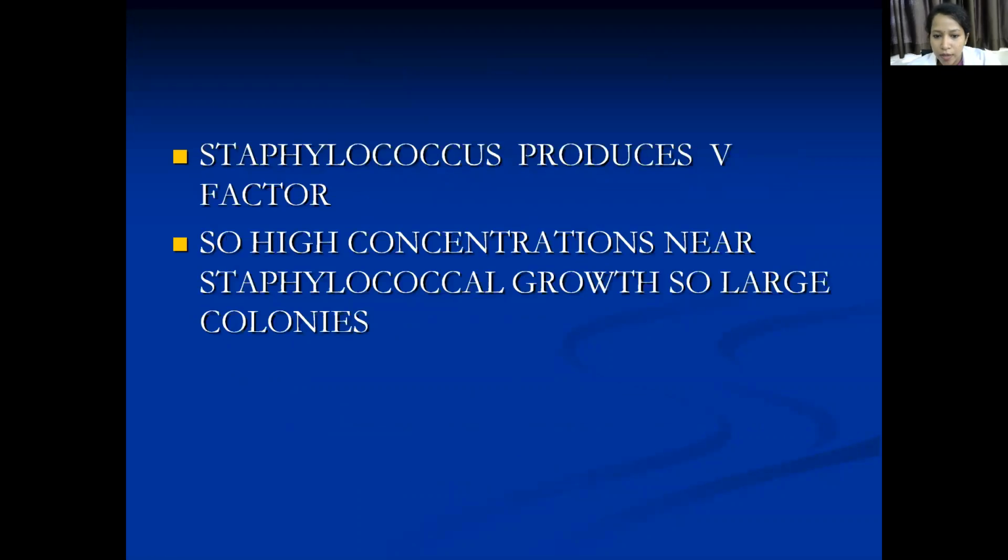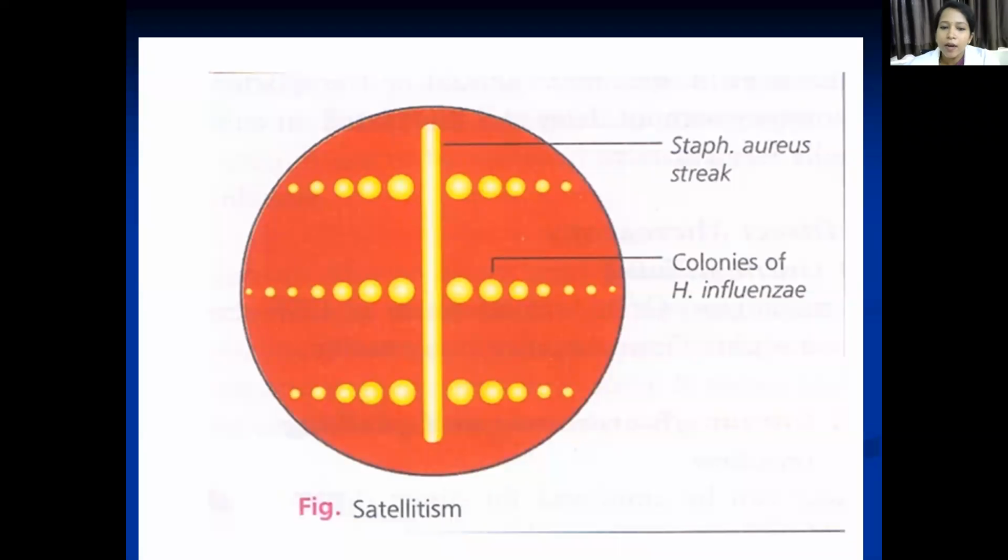First we have to take a blood agar plate, a petri dish containing blood agar. Then we have to inoculate Haemophilus influenzae, so it is there all over. Then we have to take Staphylococcus aureus and streak along a line.